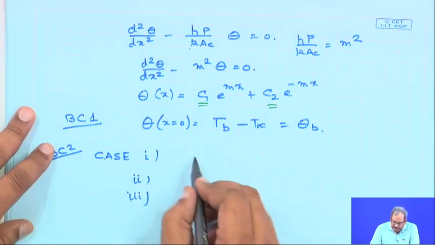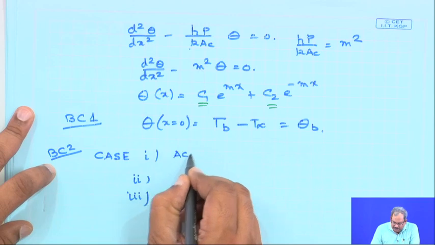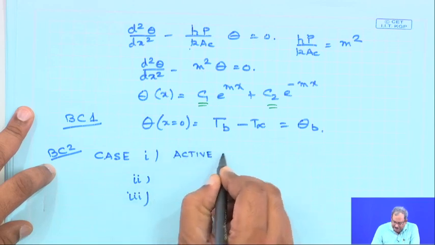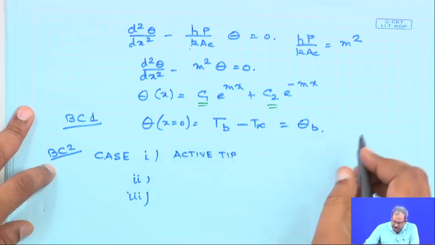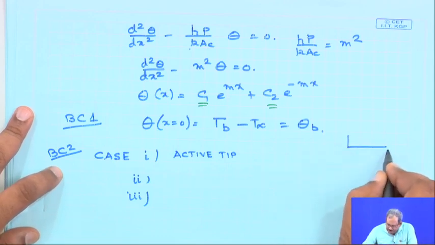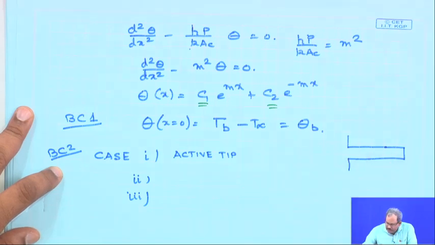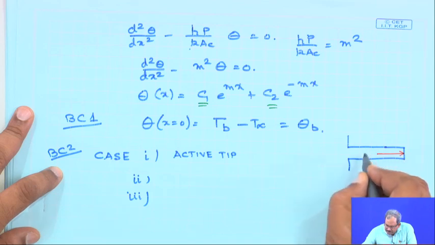So, the first case is known as the active tip. Tip means the other edge of the fin. So, what happens at the other edge of the fin? You have the heat coming in to the tip by conduction.